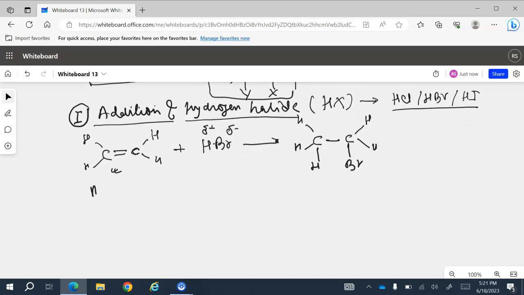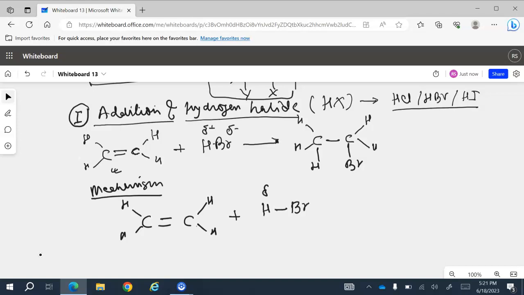And the mechanism we can simply explain as discussed previously. Carbon-carbon double bond. Again, you have to learn how to draw the arrows in this type of mechanism. HBr: hydrogen is slightly positive, bromine is slightly negative. The double bond, this pi bond that we are using, will attack this slightly positive hydrogen, which is acting as the electrophile.